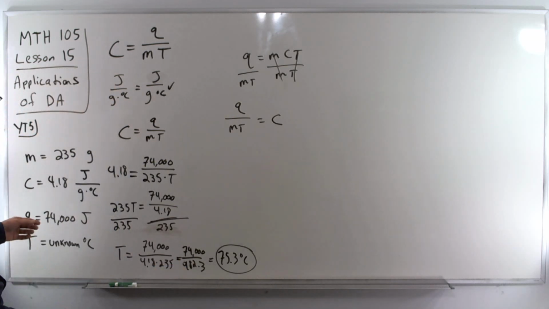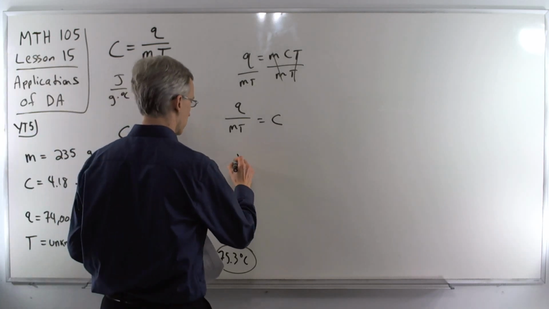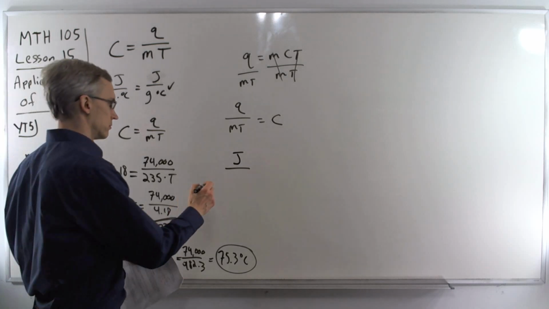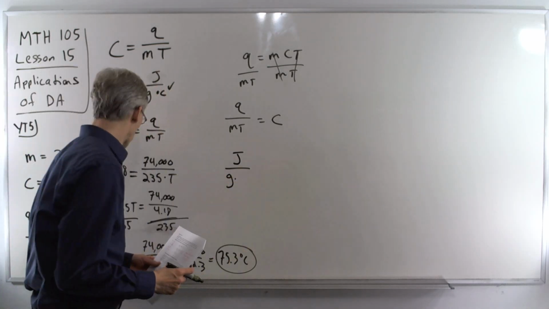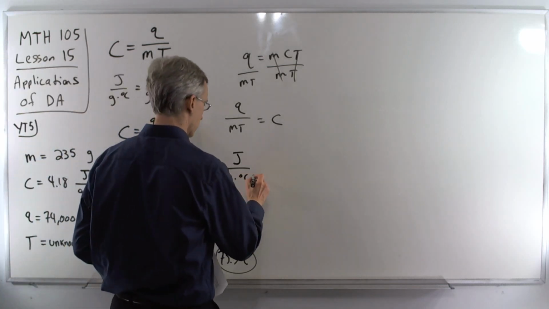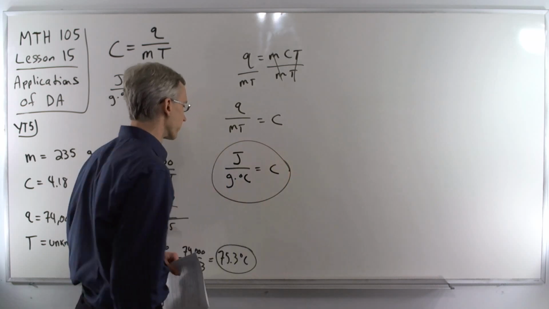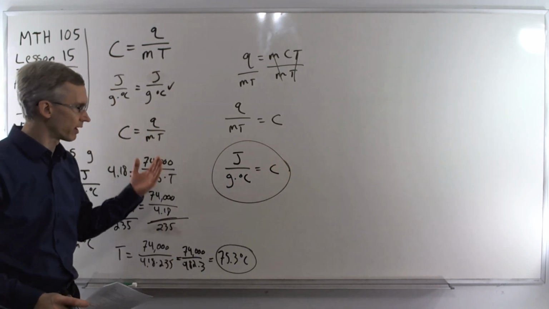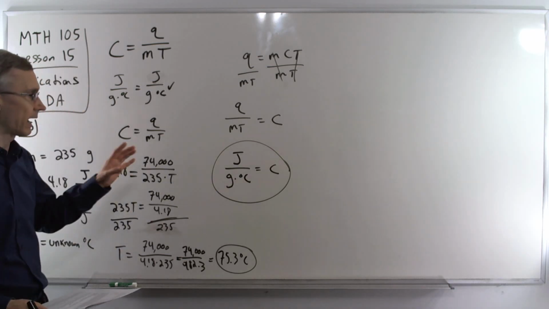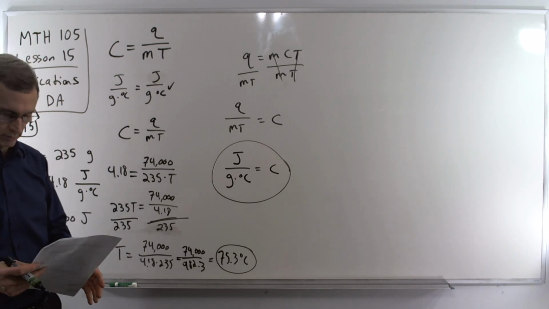All right, going back to our list, Q was in joules, M grams, and T degrees Celsius. And now we know the units on the specific heat capacity. Joules divided by grams times degrees Celsius. And this is actually how the units for those constants are found.